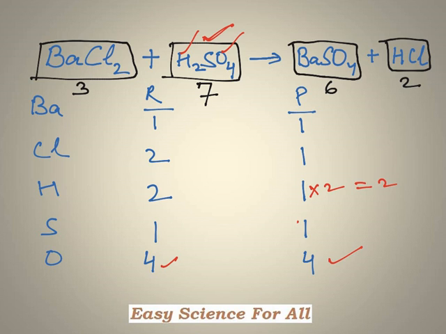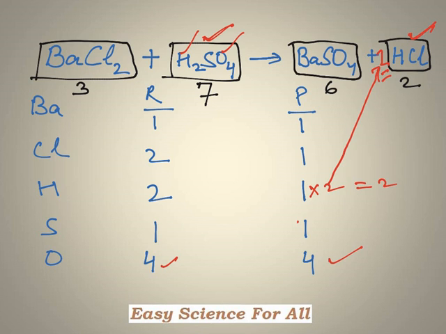Since we have multiplied by 2 on the product side to balance hydrogen, and hydrogen is present inside this box, so we have to write this 2 over here in front of this. I repeat, 2 will be written here in front of this box and nowhere else.